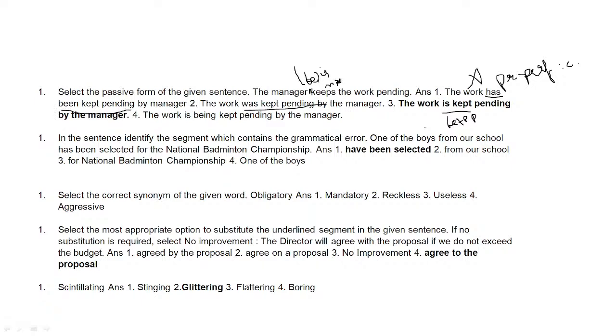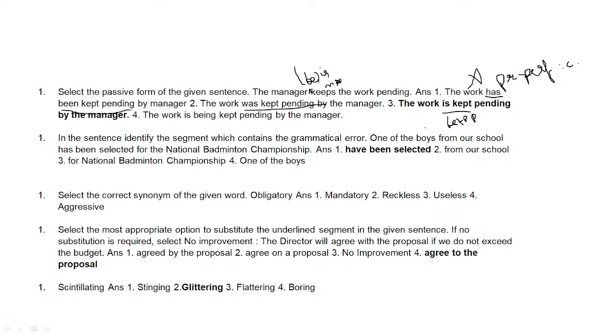This is the reason I'm continuously telling you to check out the videos on verbs. Otherwise, you won't understand a single thing from voice. That is not possible. Acha. In was kept pending, it is past continuous.